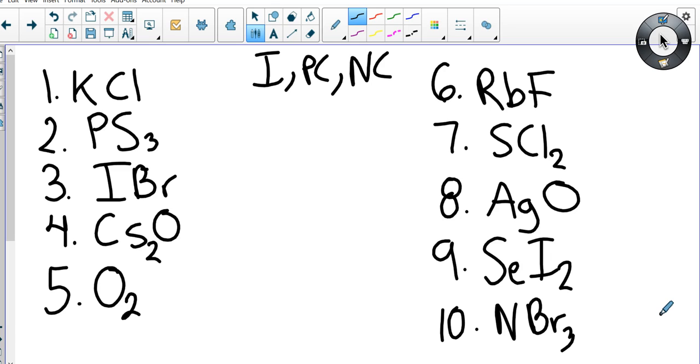But what did you get, just to make sure? Jack G. Did everybody get that? Cool. So even if you don't have the electronegativities in front of you, you can tell this is ionic. PS3, Dejanique. Yeah, and look how P and S are right beside each other. That's a good indication that it's probably going to be nonpolar.